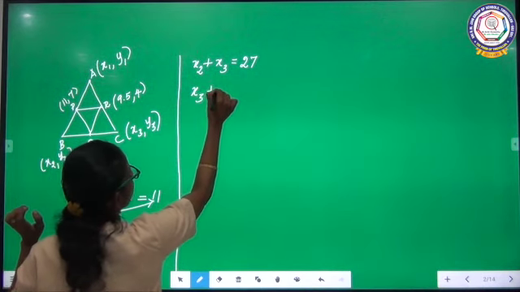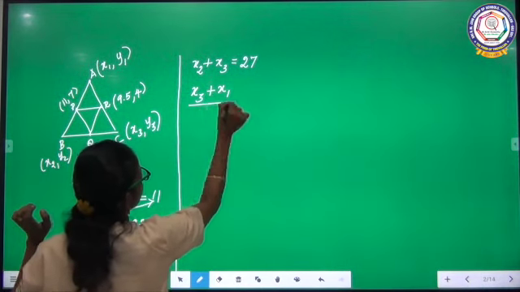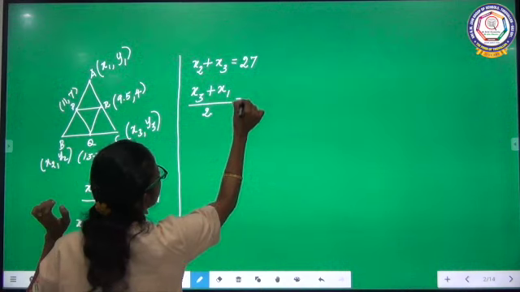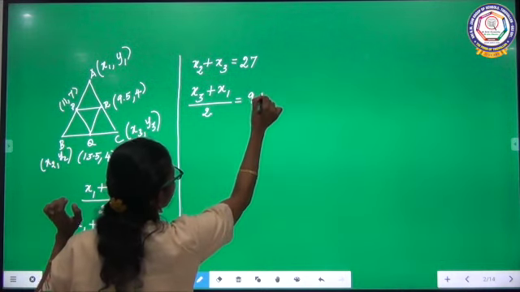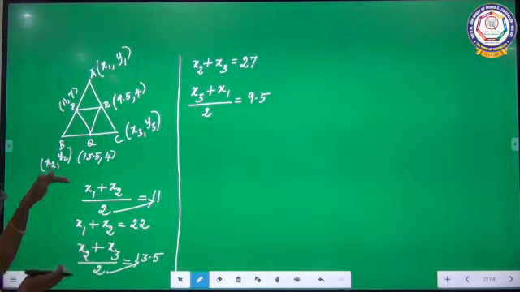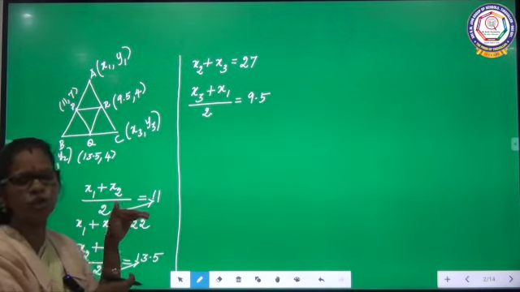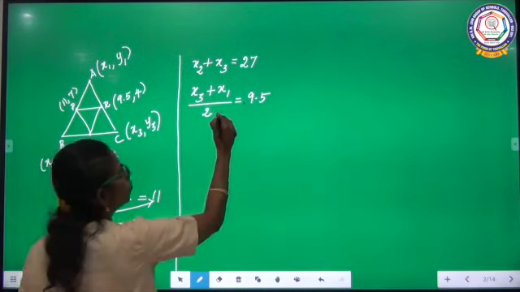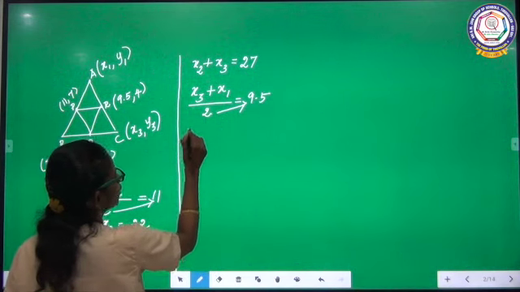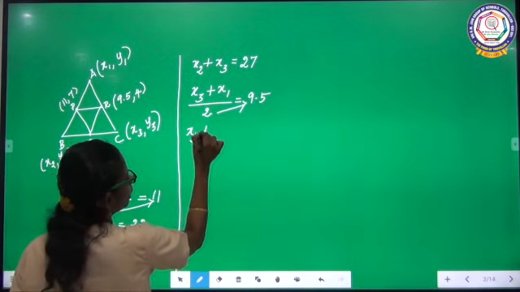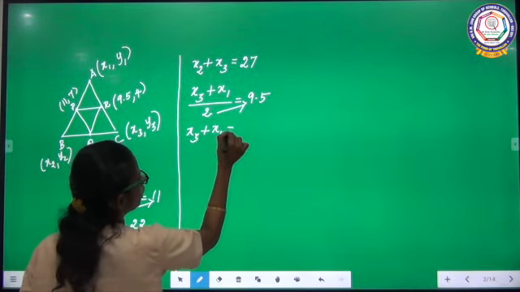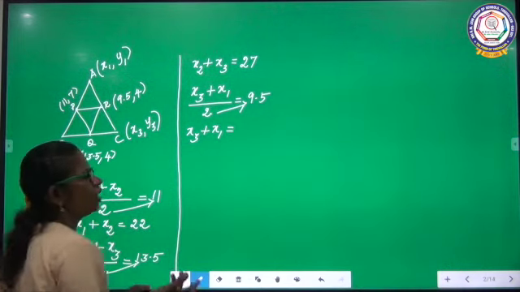Next, x3 plus x1. (x3 plus x1) divided by 2 equals 9.5. I am doing only the abscissa, that is the x coordinate, right? Now x3 plus x1 equals 9.5 into 2.